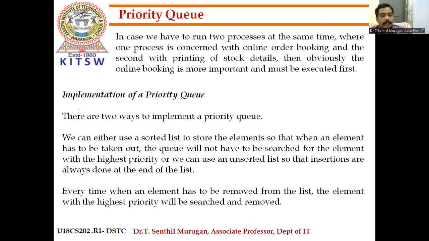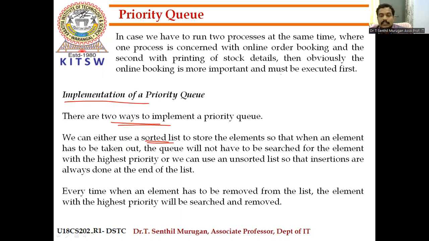So how will we implement the priority queue? We can implement it in two ways. First, a sorted list to store the elements, so that when an element has to be taken out, the queue does not have to be searched for the element with the highest priority. Or we can use an unsorted list, so that insertions are always done at the end of the list.